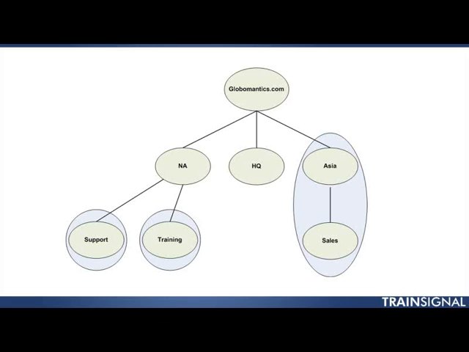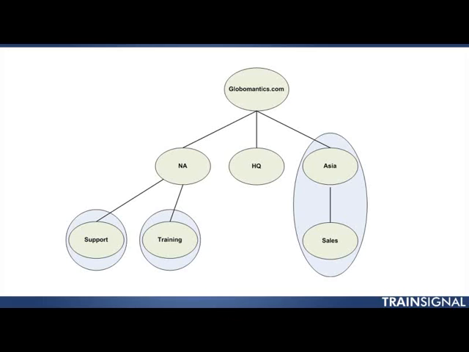That just represents that you can have a DNS server that is authoritative for more than just one specific isolated subdomain. You can have a DNS server that is authoritative for the sales.asia.globalmantics.com domain namespace. But even beyond that, it's authoritative for the entire asia.globalmantics.com namespace. Now, what does this mean, authoritative?